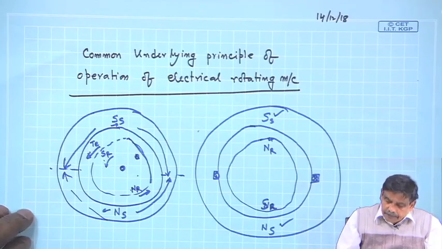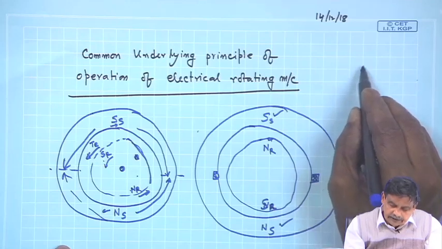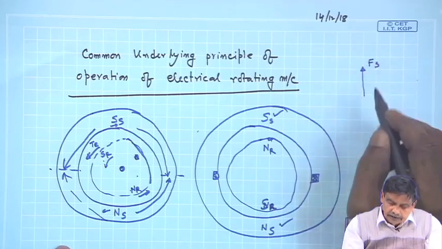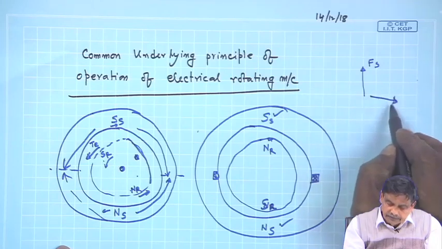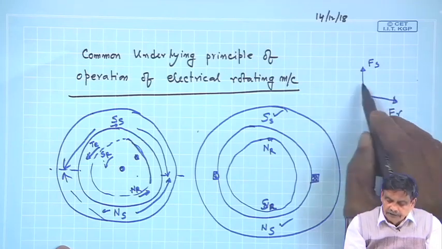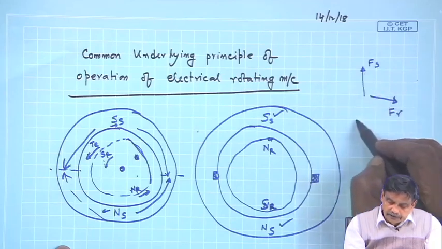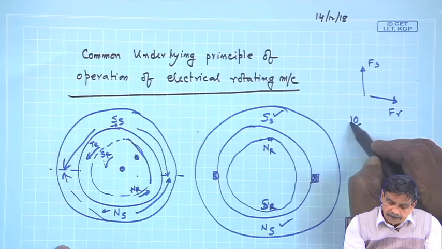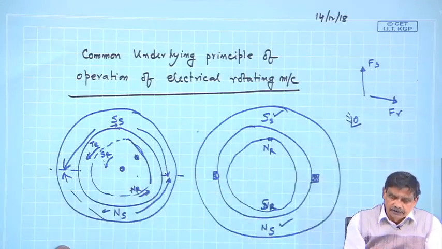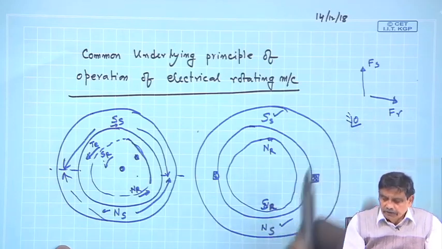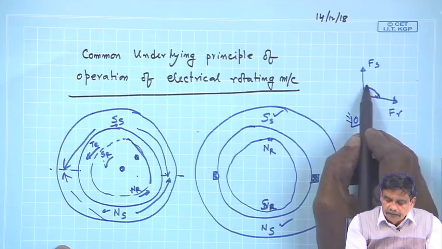That is, if the stator field is this one and the rotor field is this one, which I have just drawn with this symbolic line, then with respect to a stationary observer, or for that matter any observer, he should conclude that this angle remains the same with time.